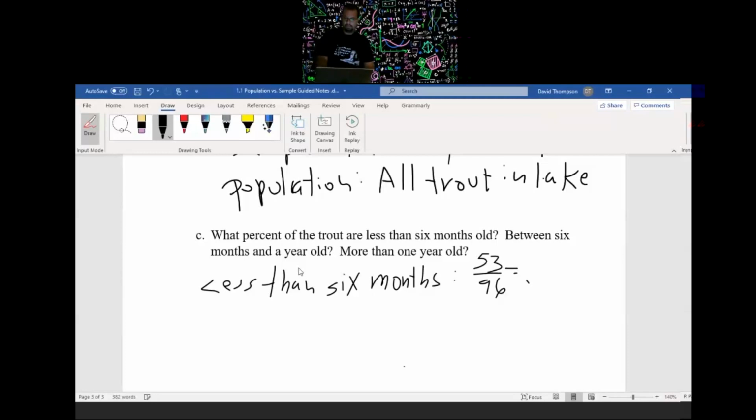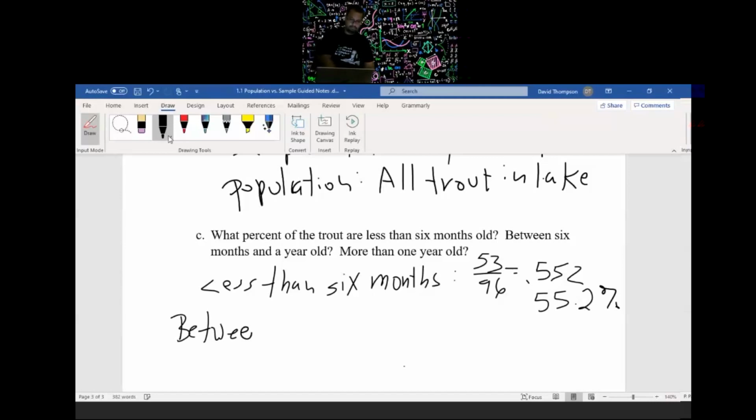So we divide 53 by 96, and we get 0.552. That'll be 55.2%.